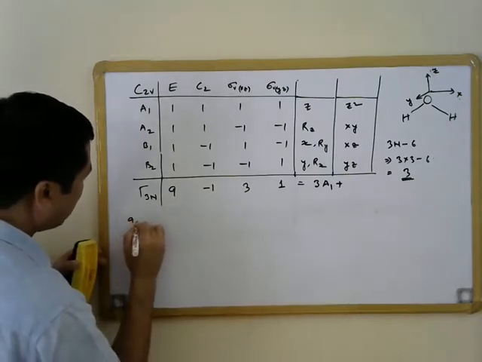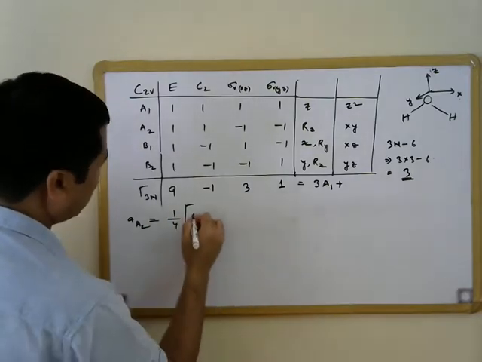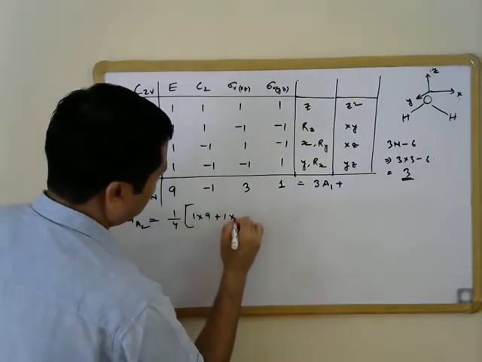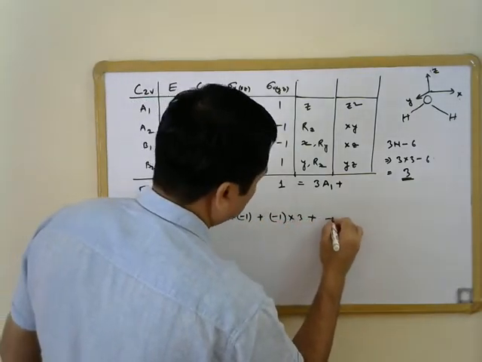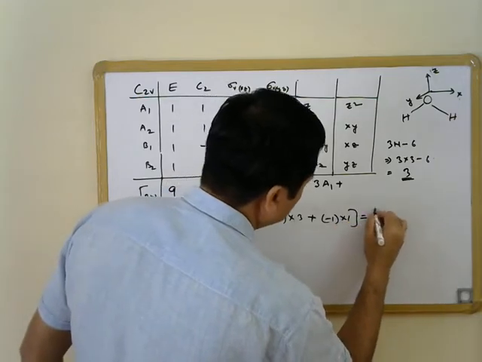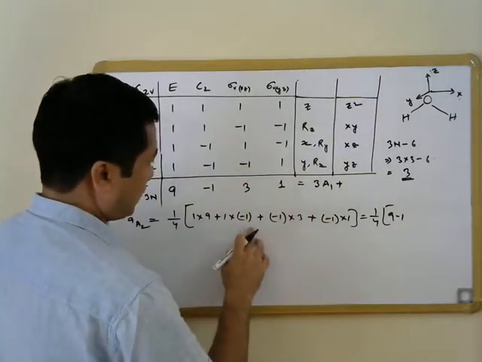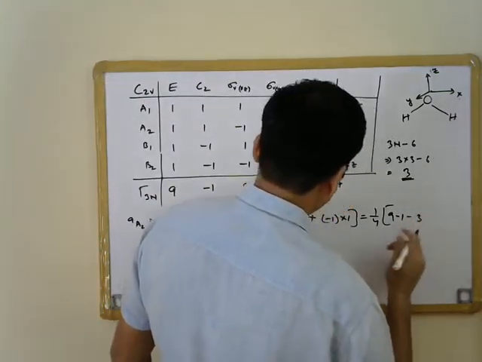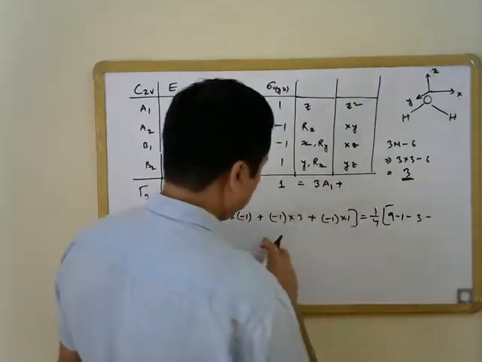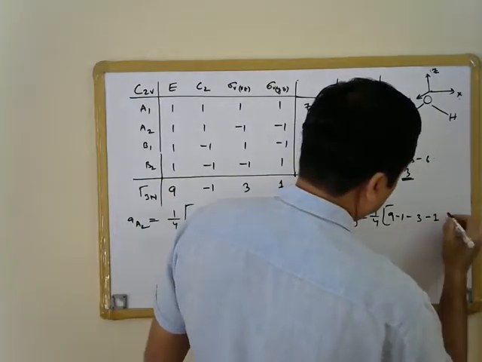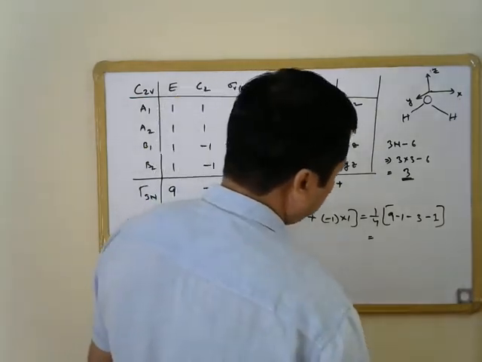So let's do this for A2. 1 by 4. Once again we have to do 1 into 9 plus 1 into minus 1 plus minus 1 into 3 plus minus 1 into 1. So this is going to be equal to 9 minus 1 minus 3 minus 1, which is going to be minus 5.